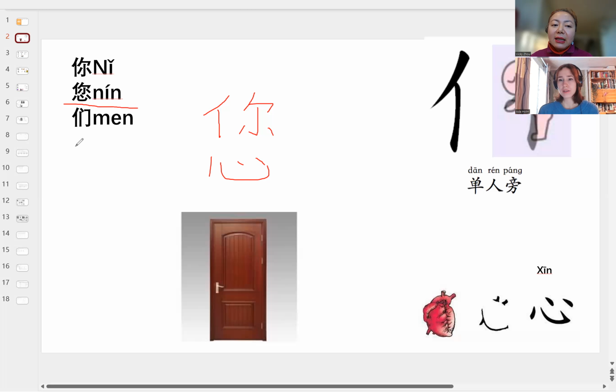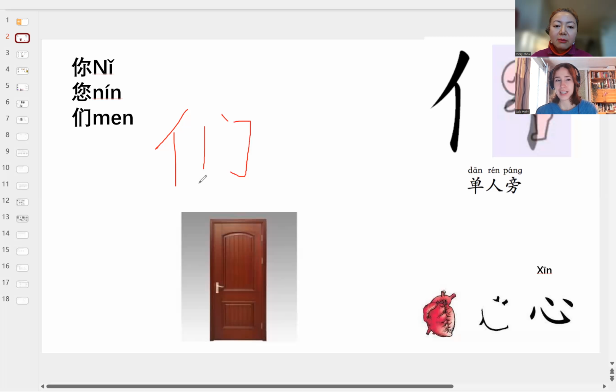好的. And then we come to this one, nǐmen. There is again the person radical, and the one on the right is called men. What does it mean here? Is it door?